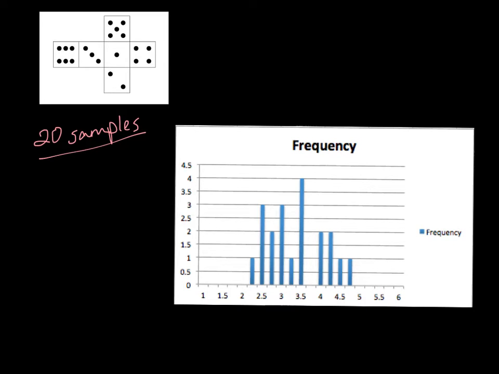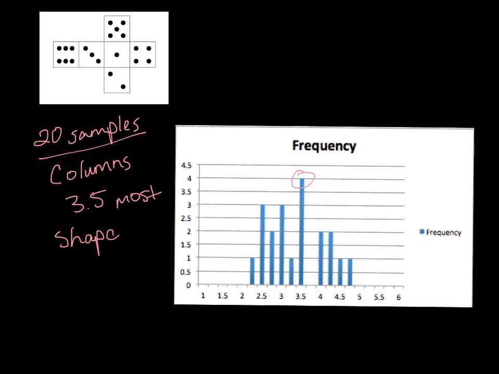As mentioned before, I will be looking at the tallest columns and the shape. Notice that my average of 3.5 shows up the most, with 4 samples having it.